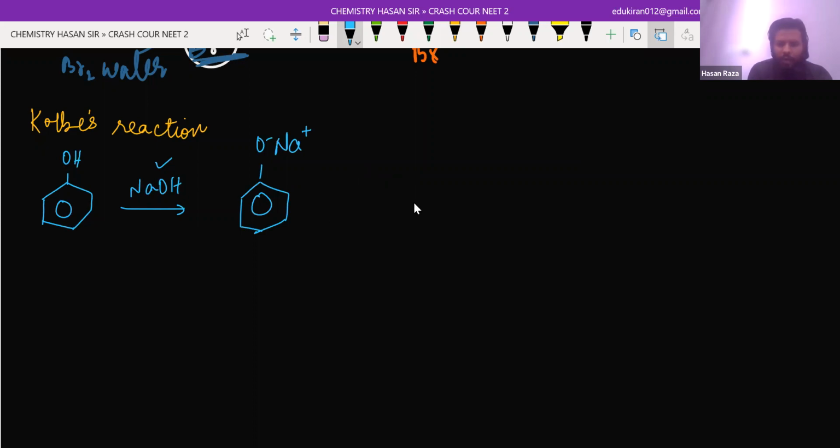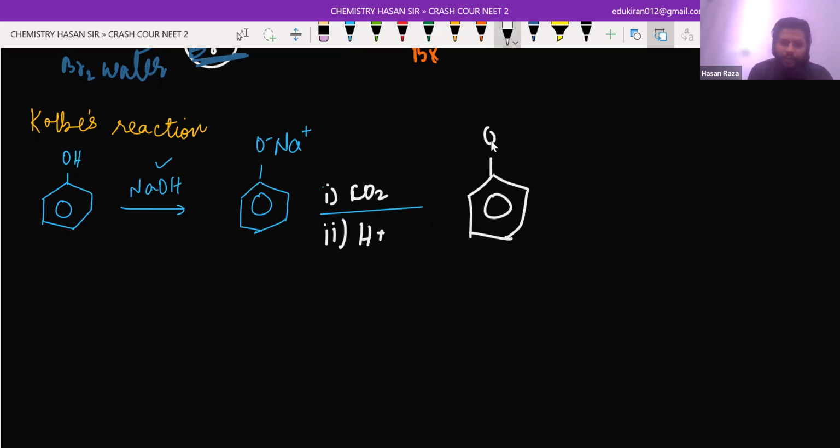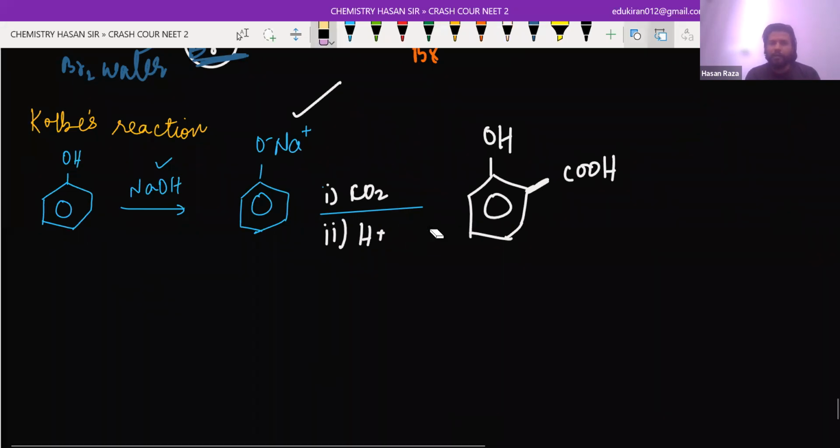After this, first of all, you are going to react this with CO2, and in the second step, you are going to react with H plus. So this CO2 will attach at the ortho position as a carboxylic acid, and this Na plus will be replaced by H. So there will be hydrogen, and this compound is known as salicylic acid.